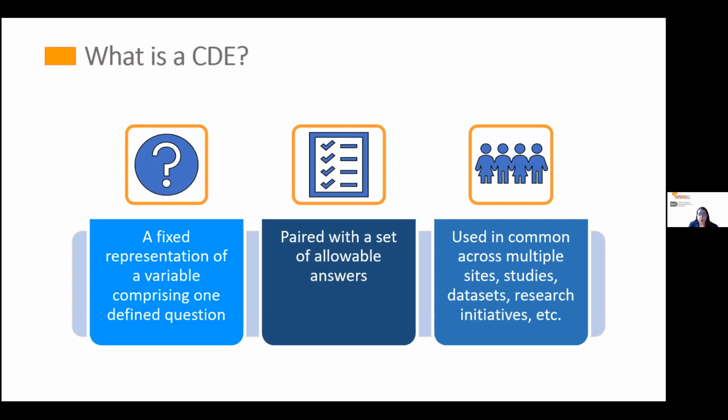Is it going to be open text, which is not recommendable? Or are we doing ranges, like intervals from 1 to 10, 11 to 20, and so on? Or months if it's a child, or days if it's a newborn, and so on. All these variables paired with questions are going to be used across multiple sites, studies, and data sets, and that's why we're calling them common.